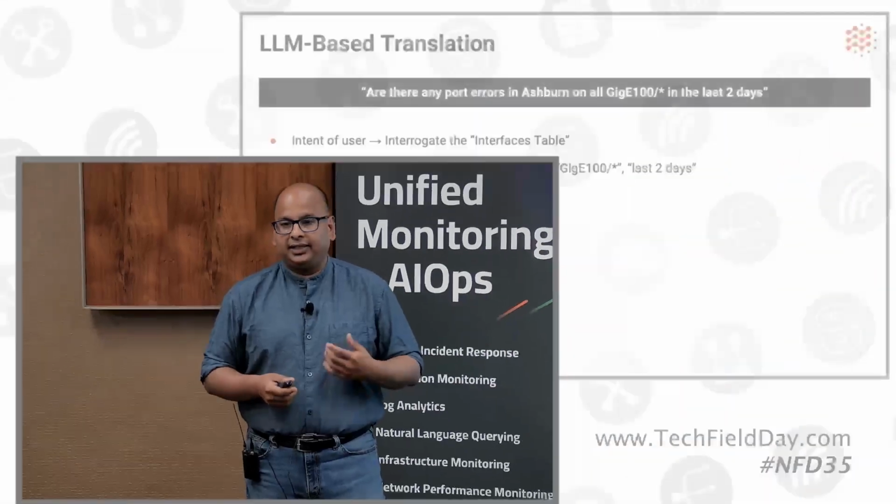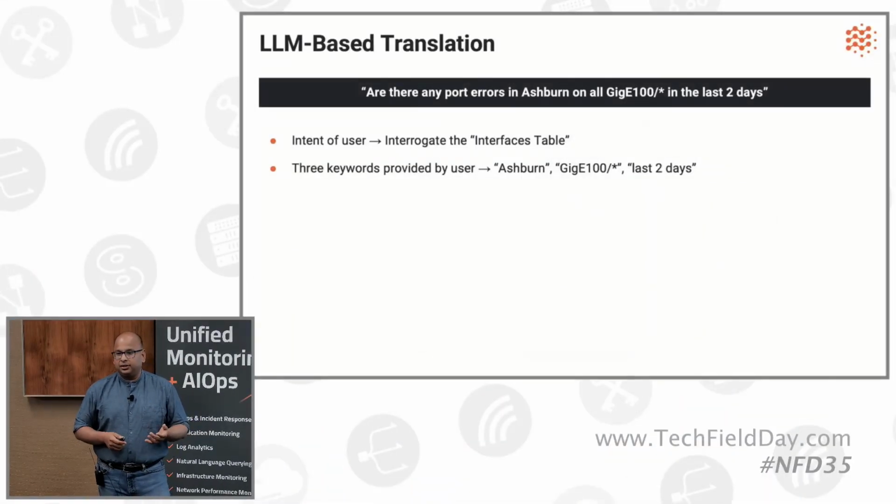So now let's take an English sentence which says, "Are there any port errors in Ashburn across my 100 gig ports in the last 2 days?" That's the English sentence that the user has entered. The LLM has to figure out two parts to it. First, it needs to infer that you are interested in interrogating the interface errors table.